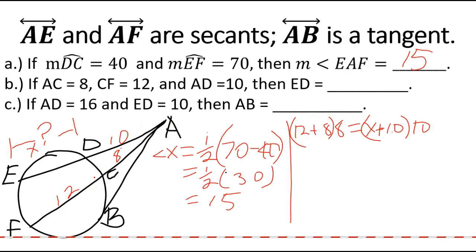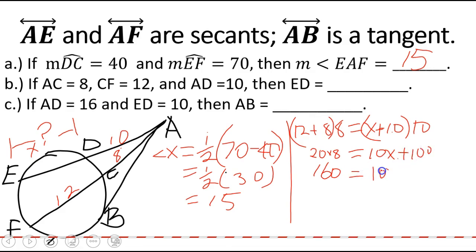And then we simplify. We can add 12 plus 8. That's 20. Follow the order of operations: add before you multiply. 20 times 8 is 160. And here we cannot add these two, so we have to distribute. We get 10x plus 10 times 10, which is 100.